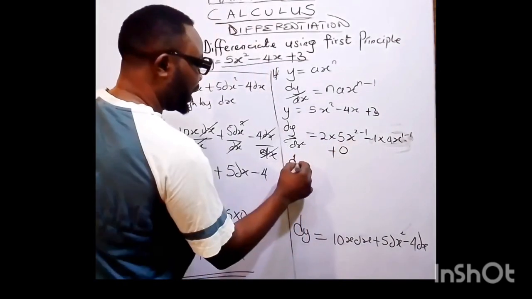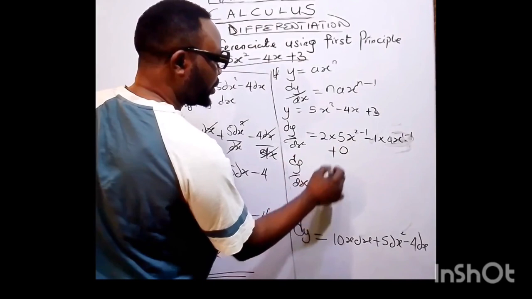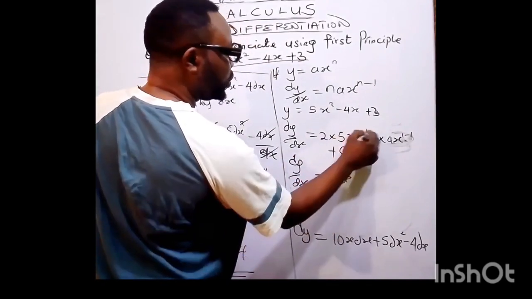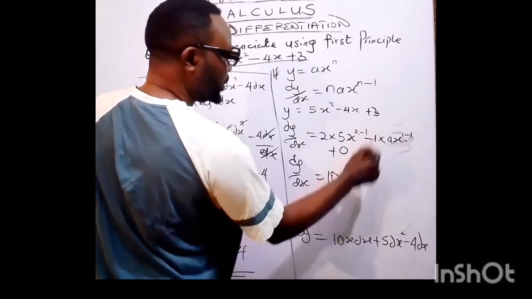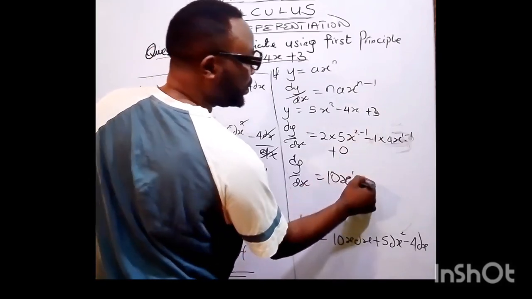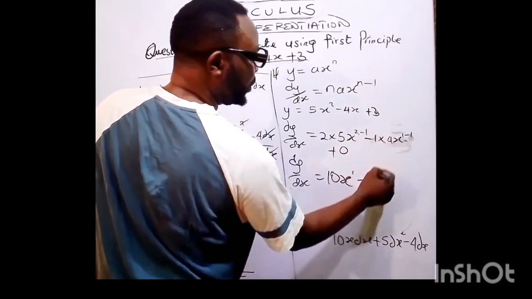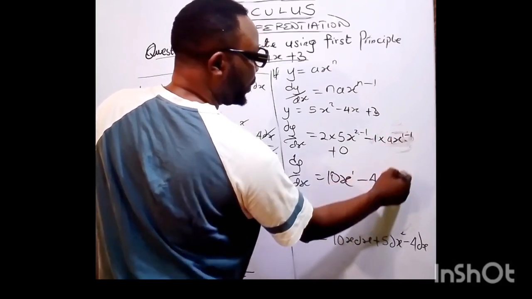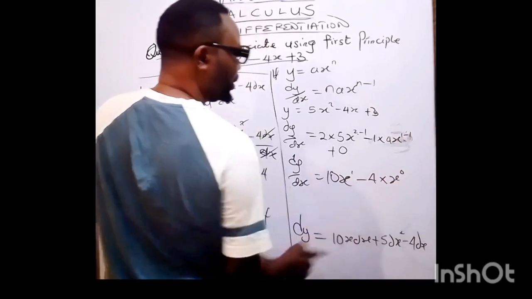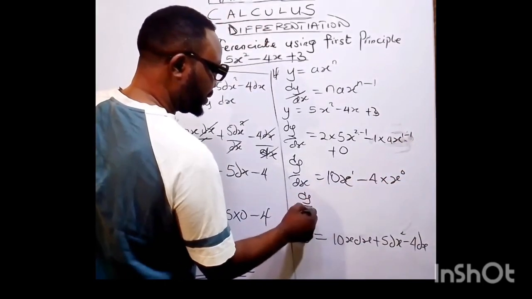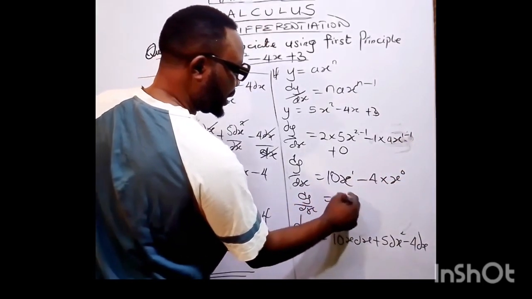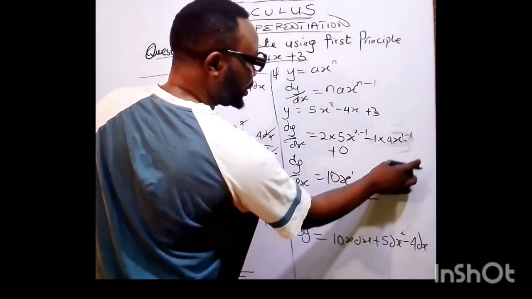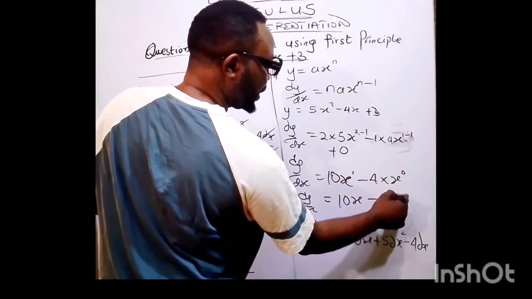So dy/dx now will be equal to 2 times 5, that's 10x raised to what? 2 minus 1, that's 1. So 1 minus 1 times 4, that will be 4 times x raised to 1 minus 1, x raised to 0. So dy/dx now will be equal to 10x, you don't need to put this 1 there, minus x raised to 0 is 1, 4 times 1.